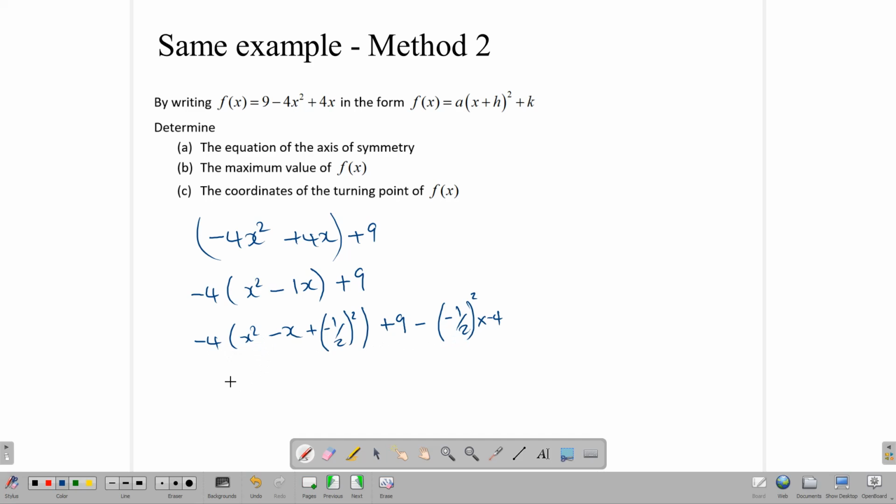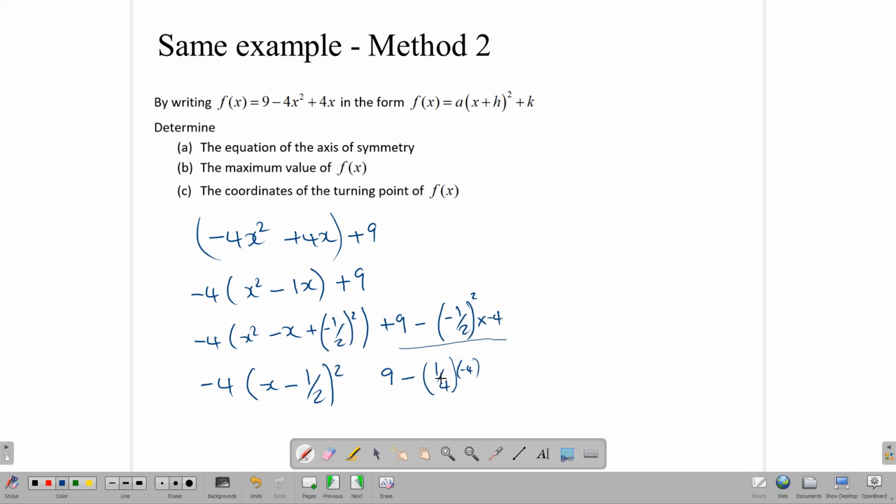And then we factorize. So we have negative 4, and it's not a hard factorization. It's just to write down the variable, the x, and the number that you squared, which is minus a half. And then we work out this part. And as you know, 9 minus a half squared is 1 over 4 times negative 4.